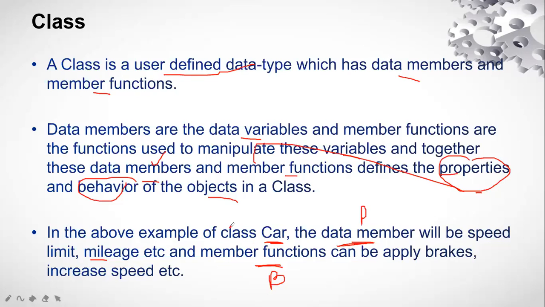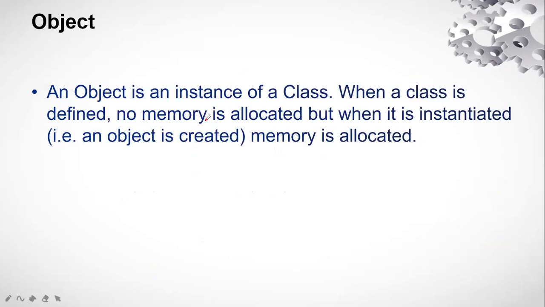Now this is the class. But what are objects? An object is just an instance of a class. So if we talk about a specific brand, if we talk about Creta or Maruti 800, these are instances of the class.